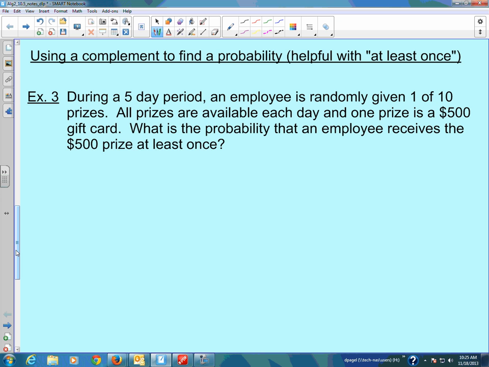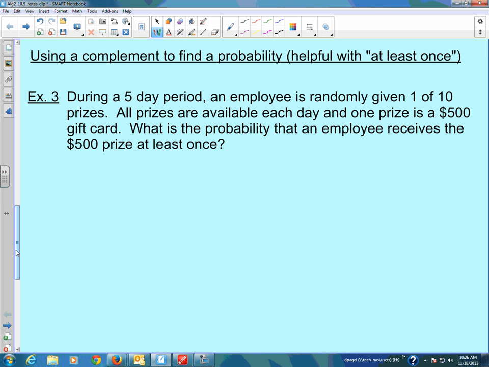So here we have a 5-day period, and over this 5-day period, an employee is randomly given 1 of 10 prizes. All prizes are available each day, and one prize is a $500 gift card. What is the probability that an employee receives a $500 prize at least once?